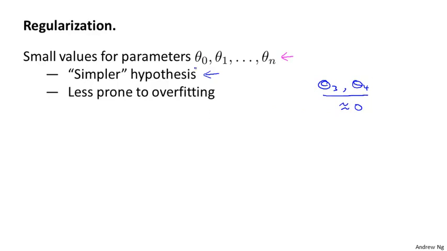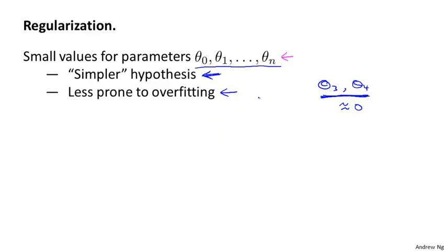But more broadly, if we penalize all the parameters, we can think of that as trying to give us a simpler hypothesis as well, because when these parameters are close to 0, in this example, that gave us a quadratic function. More generally, it's possible to show that having smaller values of the parameters usually corresponds to smoother, simpler functions, which are therefore also less prone to overfitting.